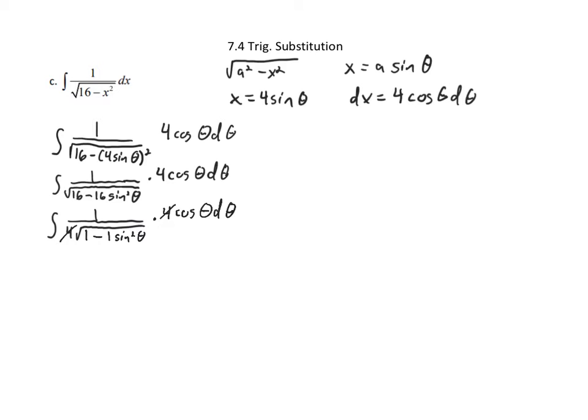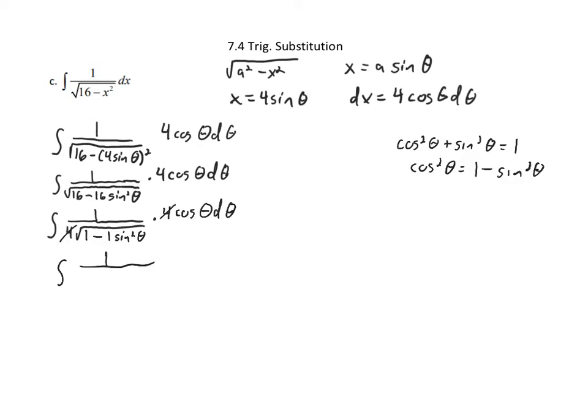The next thing I'd want to recognize is that cosine squared theta plus sine squared theta equals 1, so cosine squared theta really equals 1 minus sine squared theta. So I'm going to replace 1 minus sine squared theta with cosine squared theta.